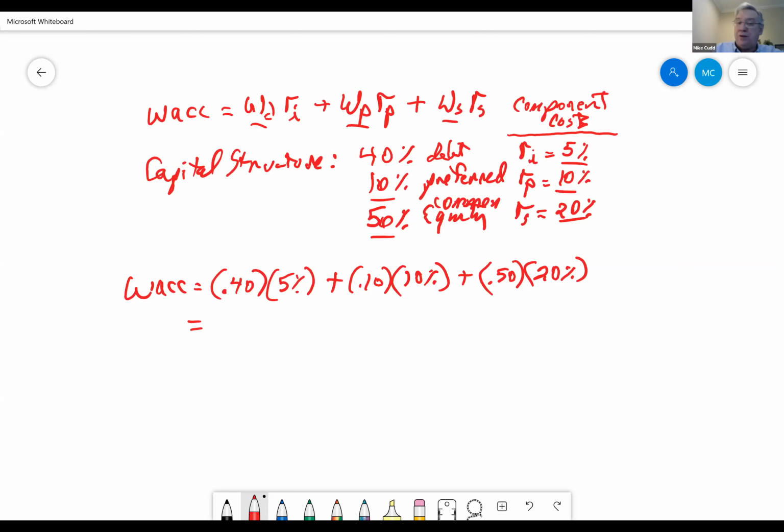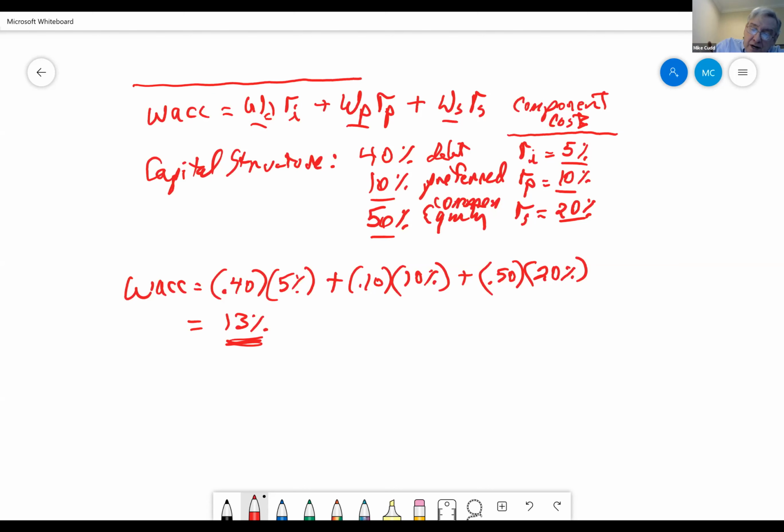And if we crank that out, golly, I did that in my head. Does that look right? I think so. So what is that? That's the minimum required rate of return for a project to be accepted.